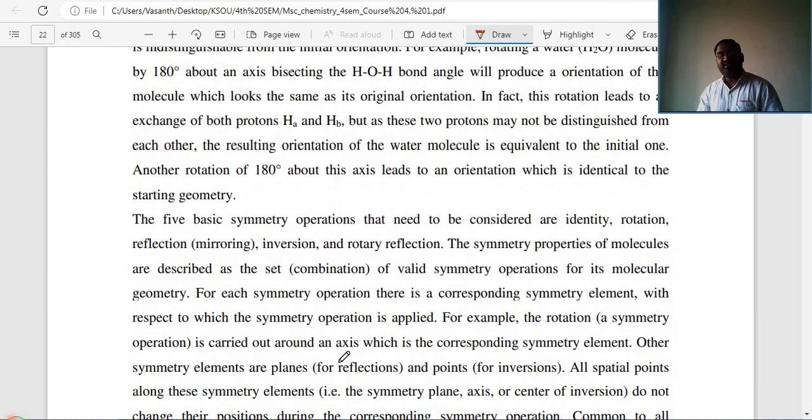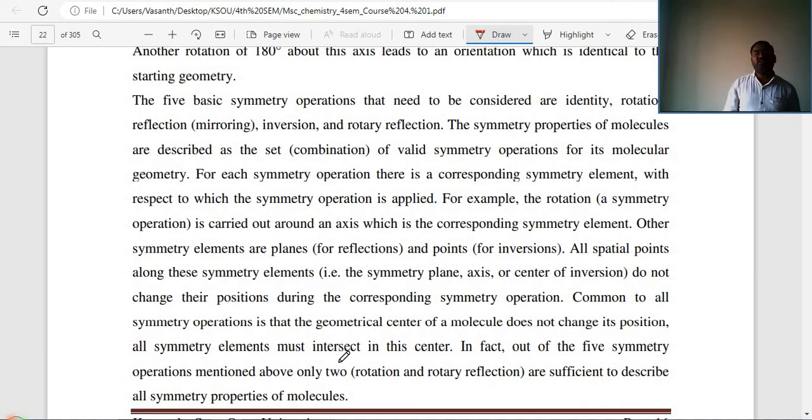The few basic symmetry operations that need to be considered are identity, rotation, reflection, inversion, and rotation-reflection. The symmetric properties of molecules are described as the set of valid symmetry operations.